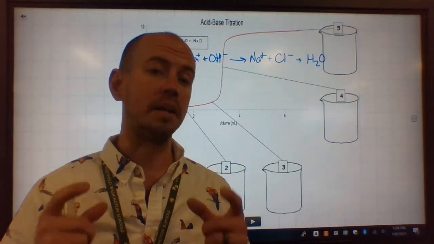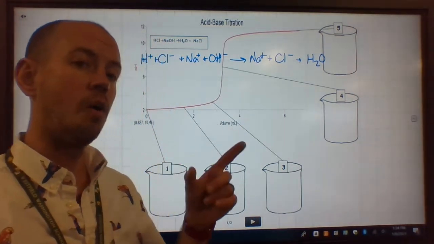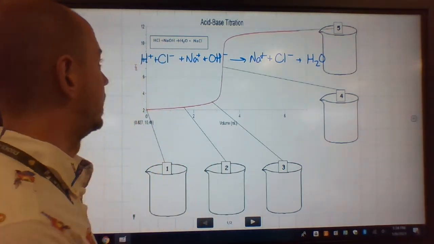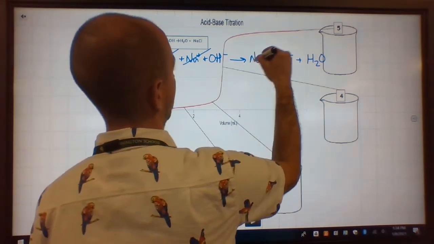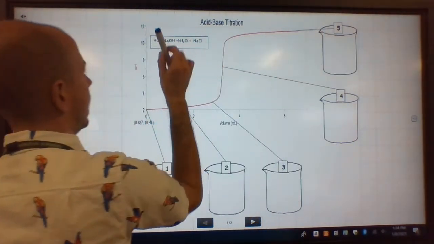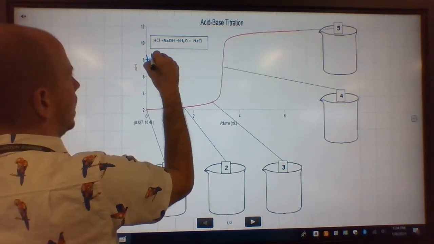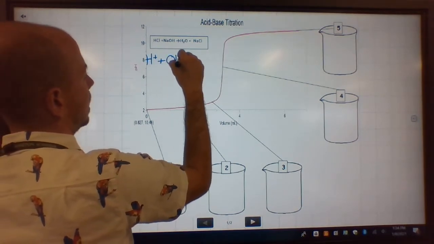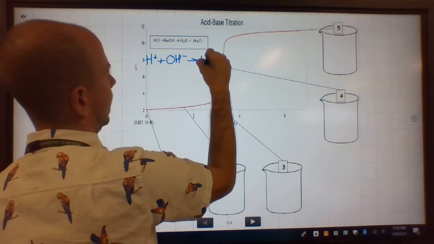It is polar, but it's only partially soluble. So if that's our complete ionic, chloride and sodium appear as ions on both sides. So we really want to clean this up and simplify it down to hydrogen ion plus hydroxide ion makes H2O.